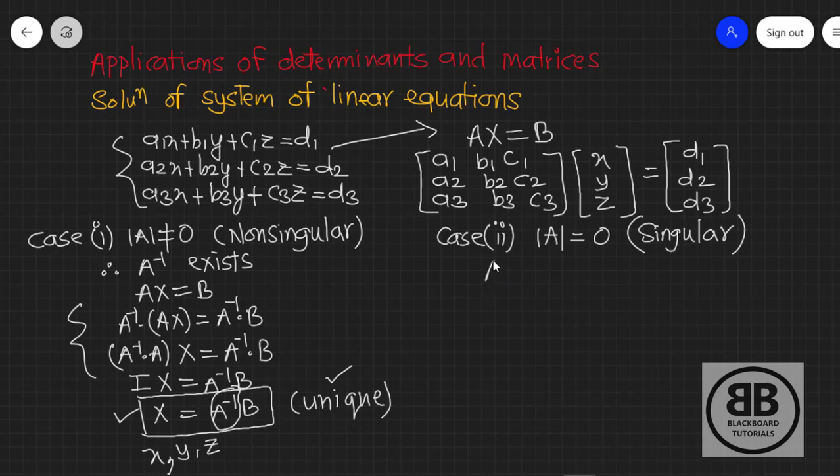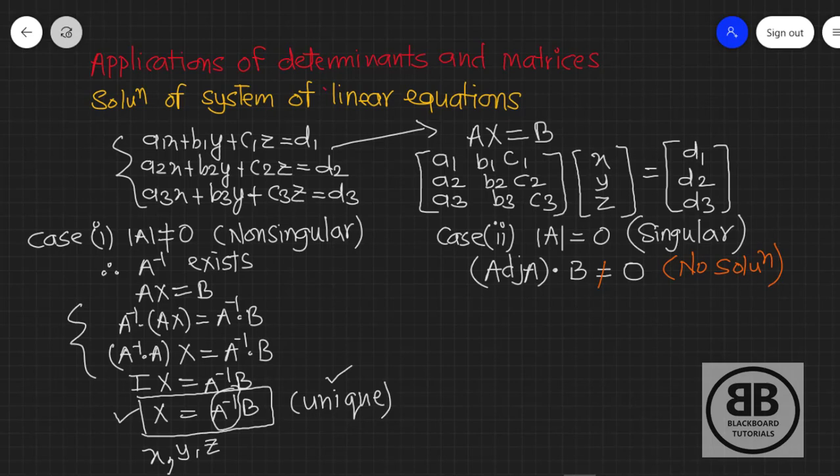Find the adjoint of A and multiply it with the constant matrix. If this product, adjoint of A into B, is not equal to the 0 matrix, then the system has no solution.